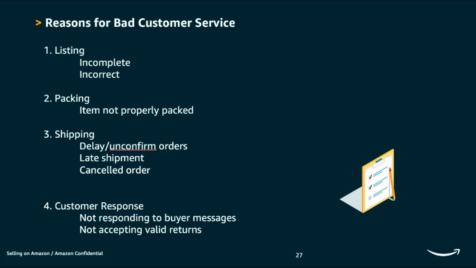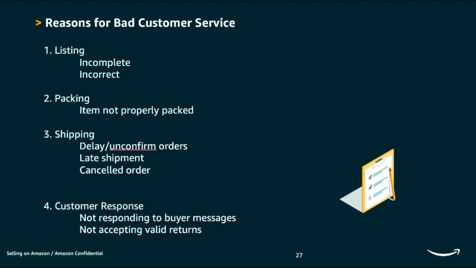So under listing, we also have incorrect information. It may lead to returns as it might not meet the buyer's expectation, because whatever image they see, whatever they read is what they expect to get on delivery. Next is packaging.